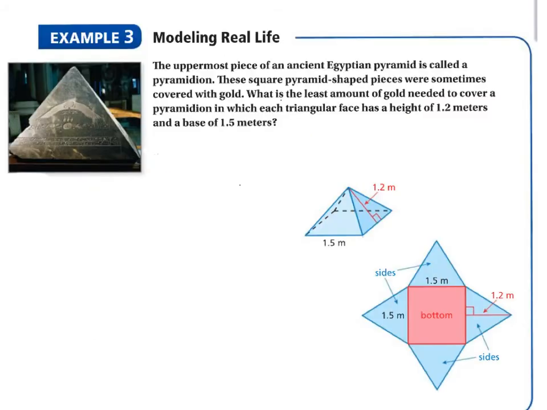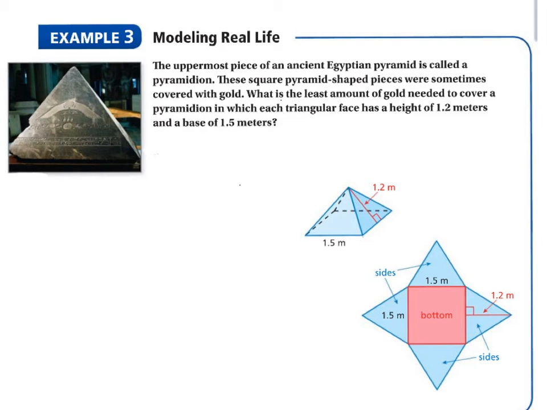Okay, now let's see here. We are over here now. So in this one, we're going to do a real-life problem. So this says the uppermost piece of an ancient Egyptian pyramid is called a pyramidion. These square pyramid-like shaped pieces were sometimes covered with gold.